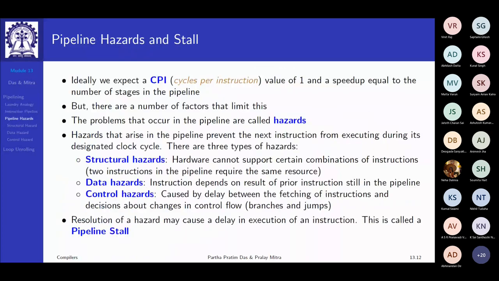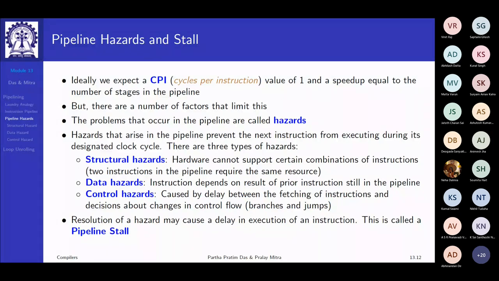Now, ideally we would expect a CPI of 1, and the speedup should be equal to the number of pipeline stages. But there are several hazards which may limit this, and there are three types of hazards. One is called structural hazard, which happens primarily due to the pipeline hardware.